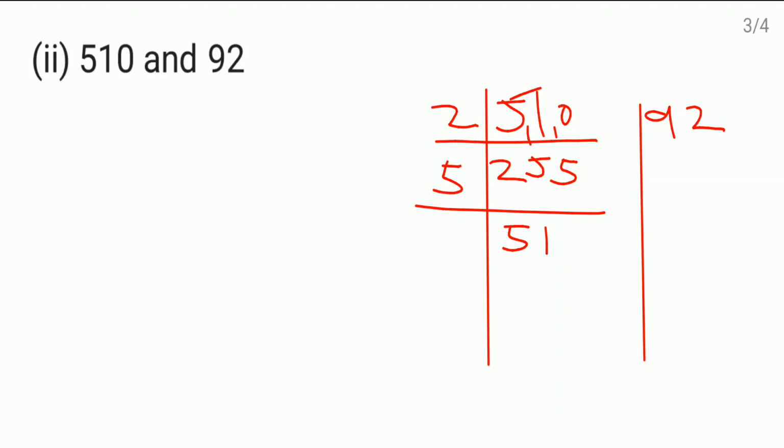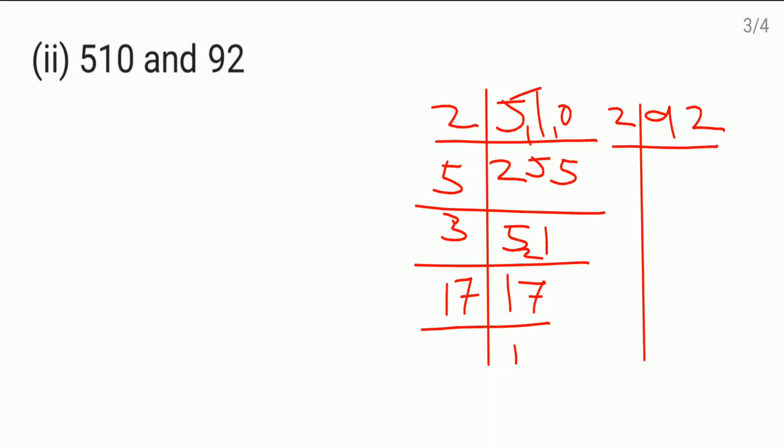This 5 plus 1 comes as 6. It comes in 3's table, so the number is divisible by 3. So 3 1s are 3, 2 is remaining, 3 7s are 21. Now this is 17. Done. Now come to 92 here. Number is divisible by 2. 2 4s are 8, then 1 6, then 2 here, 2 2s are 4, 2 3s are 6, 23 here.